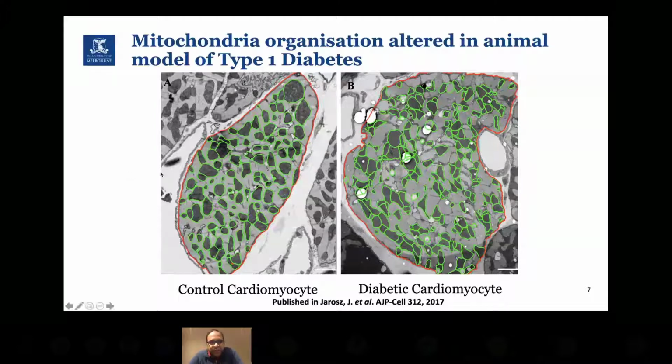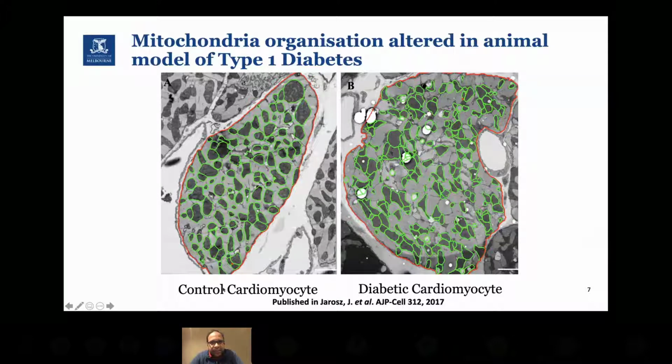Here, what you're seeing is two cross-section images. These are transmission electron microscope images of cardiac cells in control and an animal model of diabetic cardiomyopathy. To orient you, if you think about a heart cell like a cylinder, you're looking at the circular face of that cylinder.